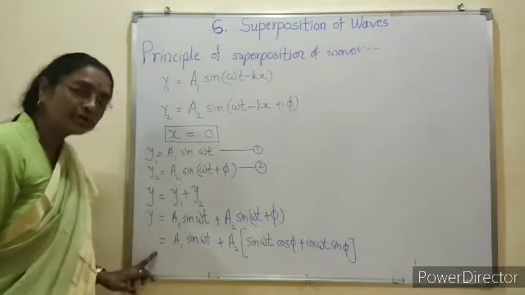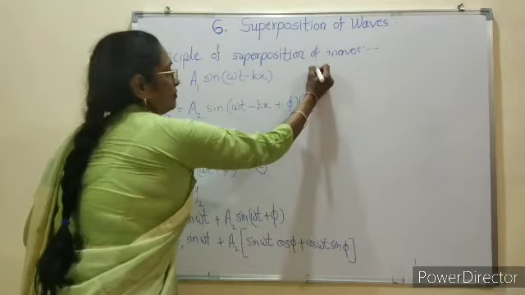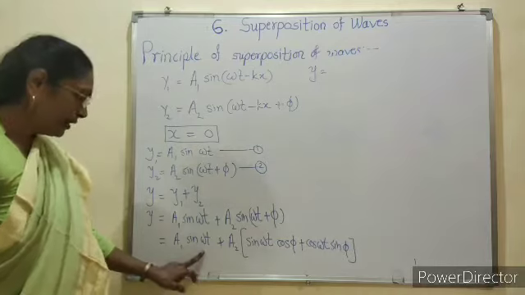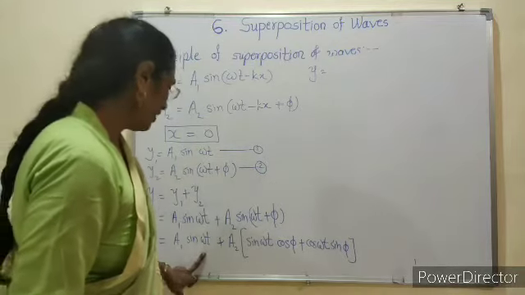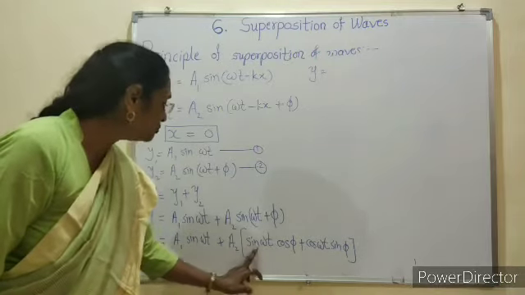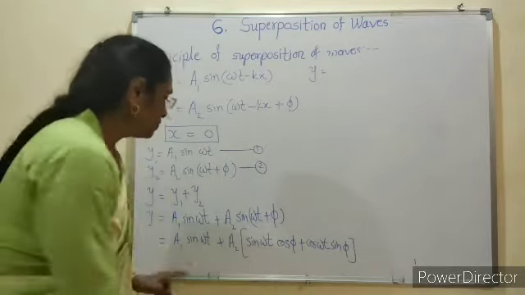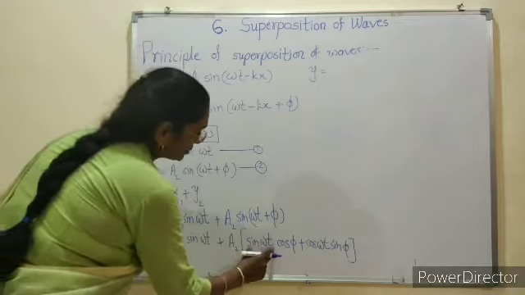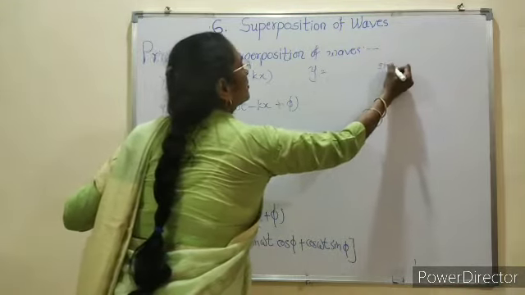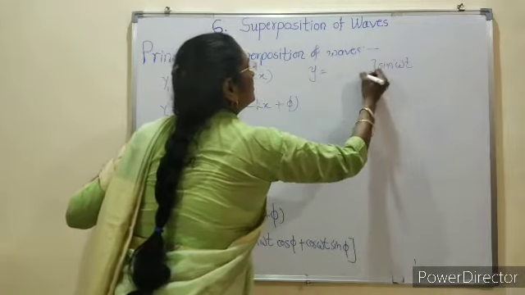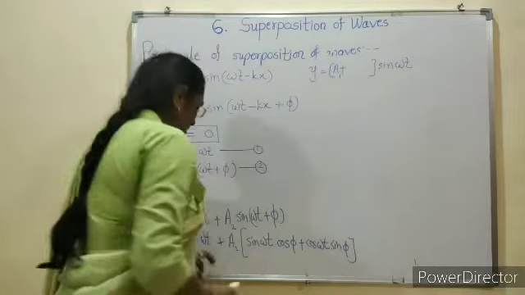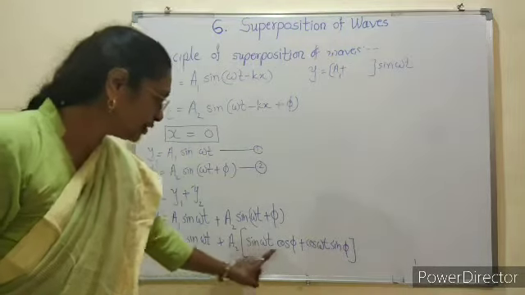Now this expression can be written as y equals a1 sin omega t plus a2 sin omega t cos phi. We take sin omega t as common, so inside the bracket we have a1 plus a2 cos phi.